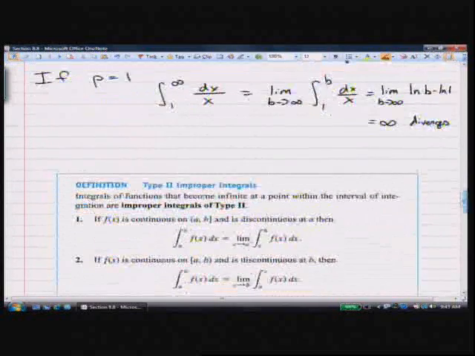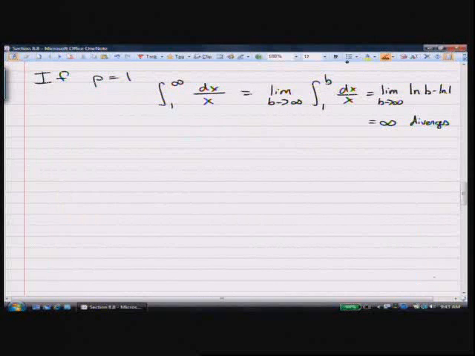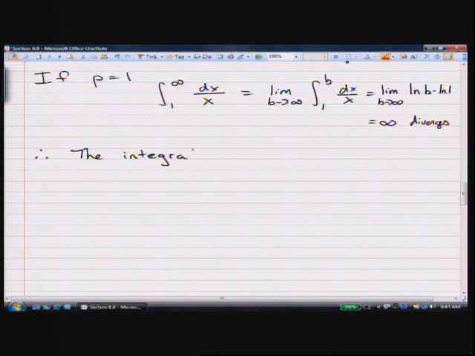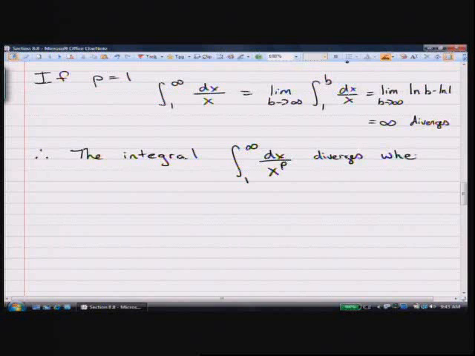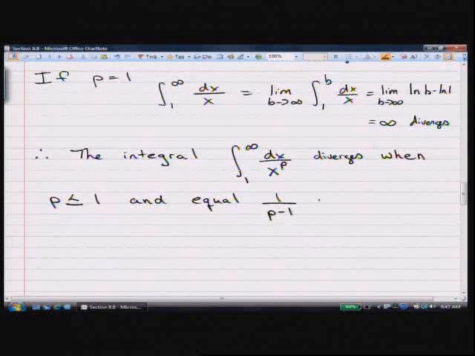So in general, we can say that the integral from 1 to infinity of dx over x to the p diverges when p is less than or equal to 1, and equals 1 over p minus 1 when p is greater than 1.